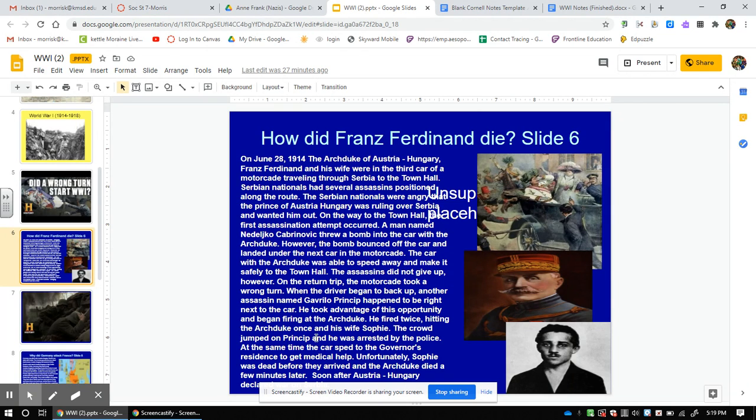The crowd jumped on Princip, and he was arrested by the police. At the same time, the car sped to the governor's residence to get medical help. Unfortunately, Sophie was dead before they arrived, and the Archduke died a few minutes later. Soon after, Austria-Hungary declared war on Serbia.